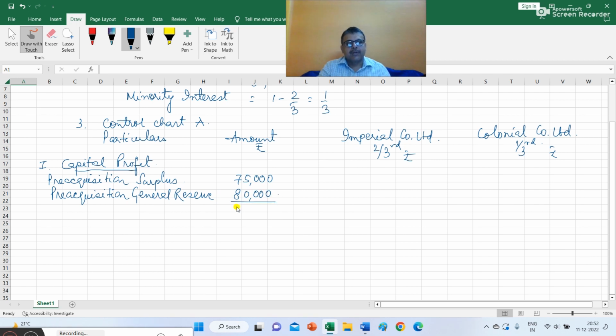So total capital profit is rupees 1,55,000. What is the share of Imperial Company Limited? This is 2/3 of 1,55,000, which is 1,03,333, and the share of Colonial Company Limited is 51,667.